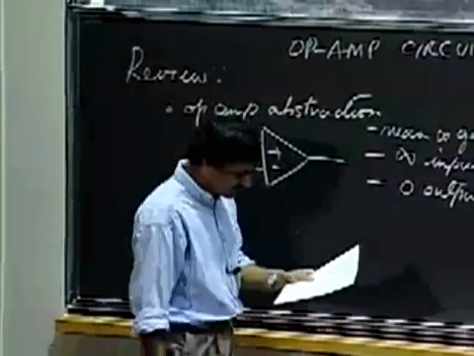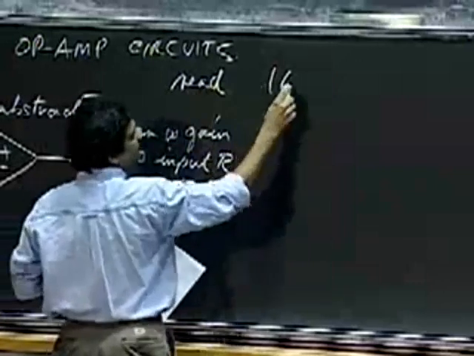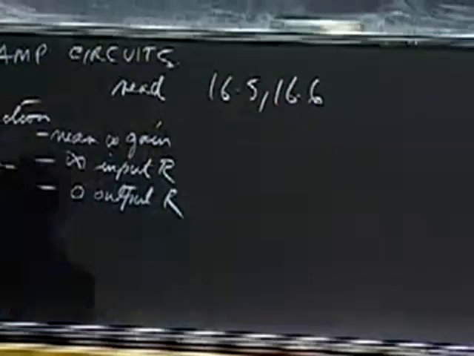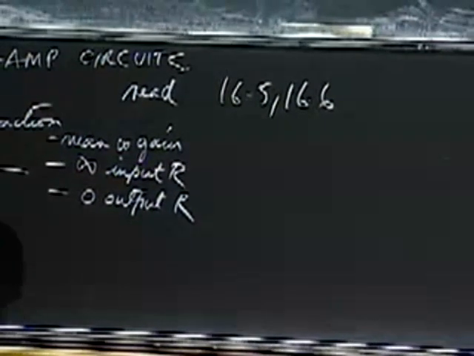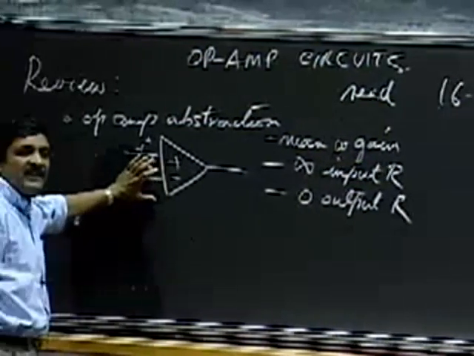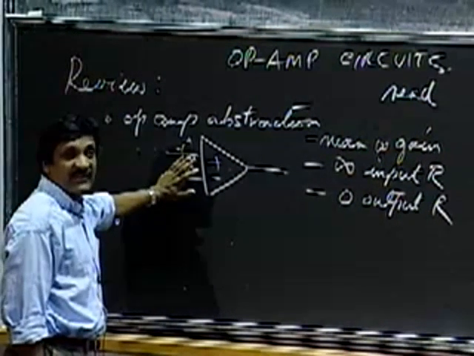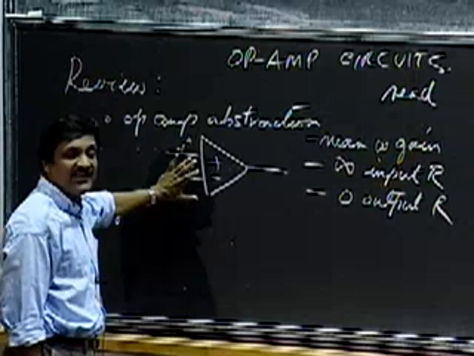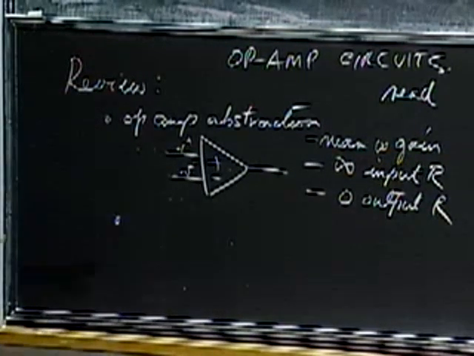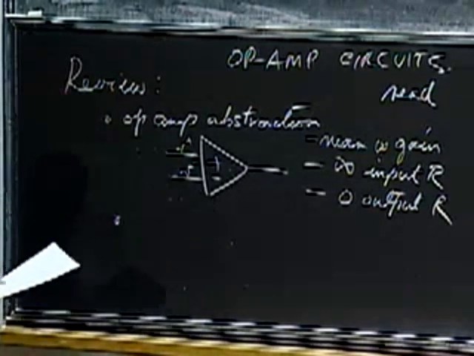If you look at the course notes, the readings, there are a bunch of examples solved in chapter 16, and you will see that using the op-amp, it is indeed possible to build current sources that look like more or less ideal current sources. It's also possible to build voltage sources and so on. So it's an incredibly neat building block using which you can do all kinds of cool stuff.